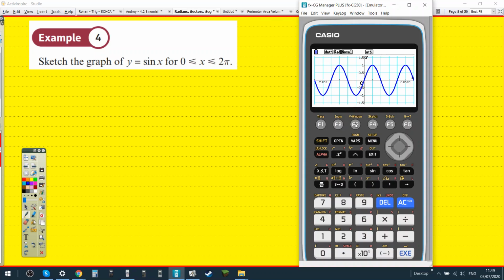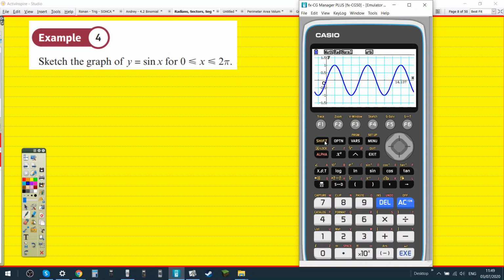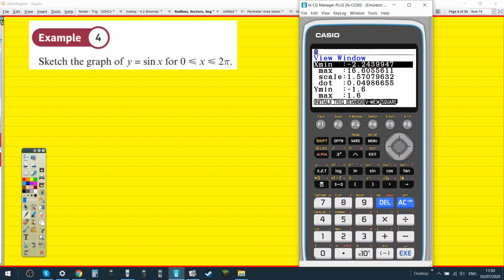Shift F3 for view window. Let's see. What did I press? Draw. Let's see, view window. I don't know if there's a way to do it.